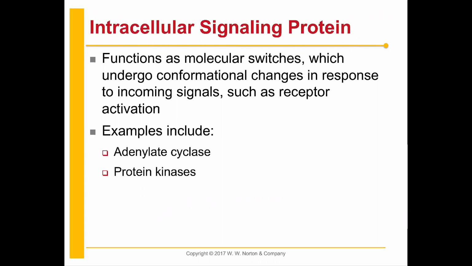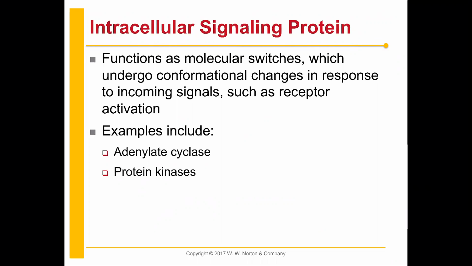Some examples of these intracellular signaling proteins are adenylate cyclase and all kinds of different protein kinases. These signaling proteins directly activate protein targets. For example, the protein kinases will put a phosphate on their protein target, and when the target is phosphorylated, all of a sudden it's active and it can do its job.